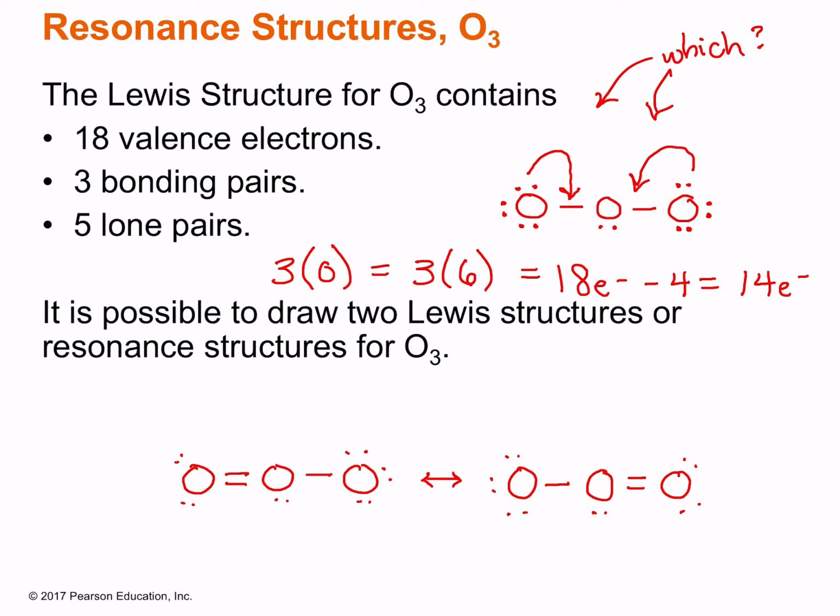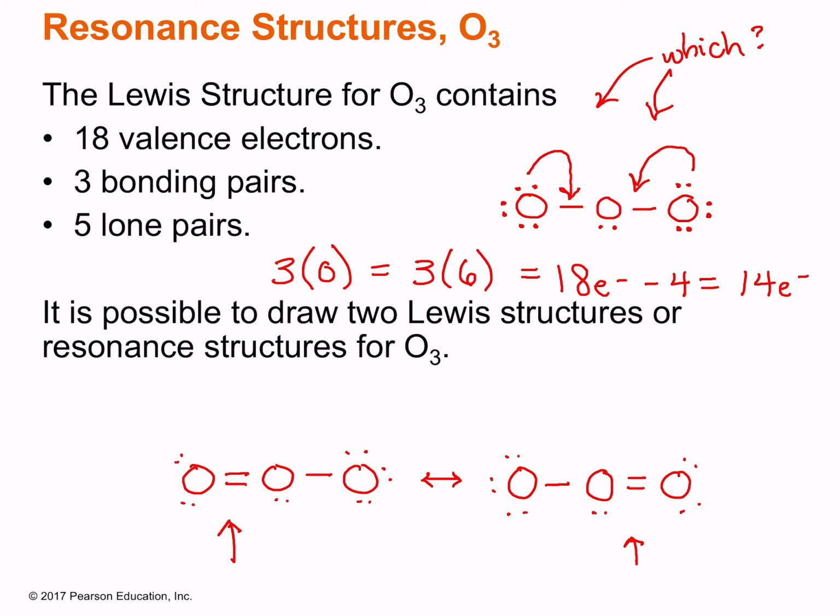When it says, draw all of the resonance structures, it's asking you to draw all of the possible correct Lewis structures that you can. Again, you're not moving the oxygens around. I didn't change how they were arranged. The only thing I'm doing is moving the location of the double bond. Here it's going to the left oxygen, and here it's going to the right oxygen. That's the only thing that's different.